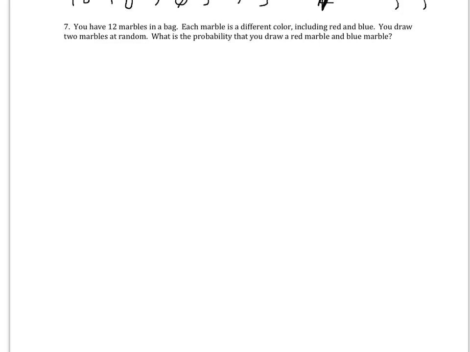So first of all, we need to figure out how many different total ways we could pick marbles. How many total do we have? 12. To get one red and one blue, does the order matter? No. And I'm choosing 2. So we need to know how many different ways you can pick 2. So you would say 12 permutation 2 divided by 2 factorial. Well, 12 minus 2 is 10, so you forget 10, 9, 8, all the way down to 1.